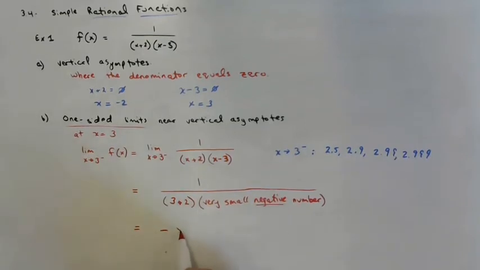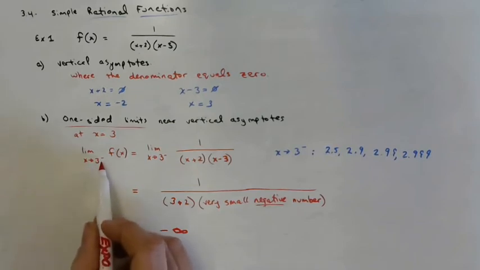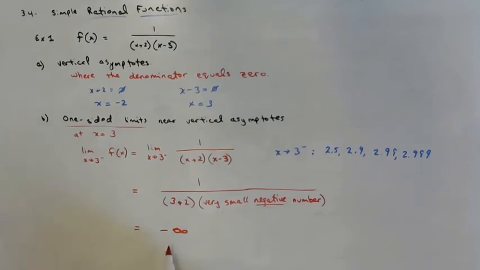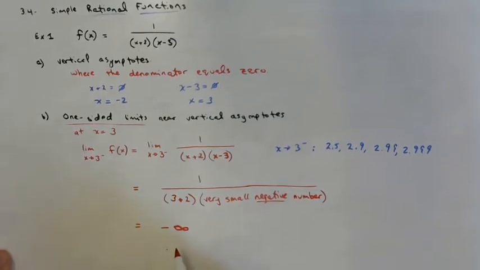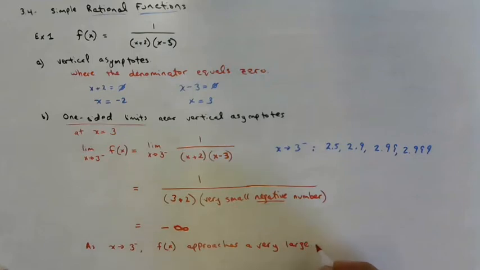So the limit then, as x approaches 3 from the left, is negative infinity. A very large negative number. We'll write that as a sentence. As x approaches 3 from the left, f of x approaches a very large negative number.